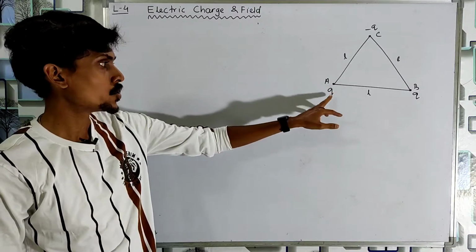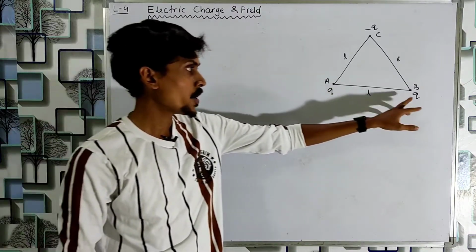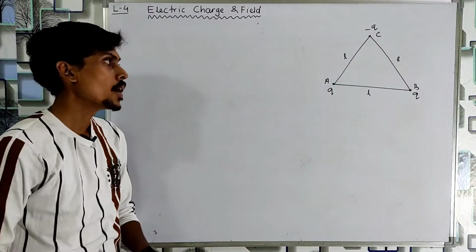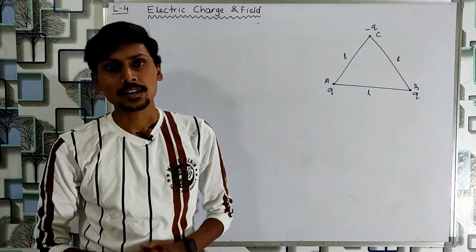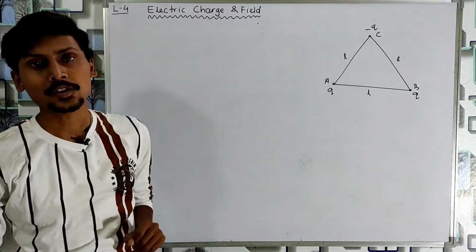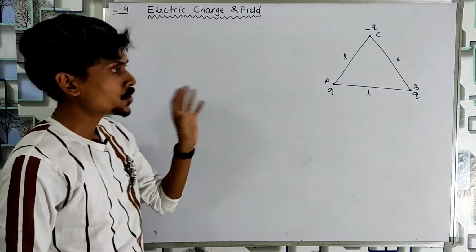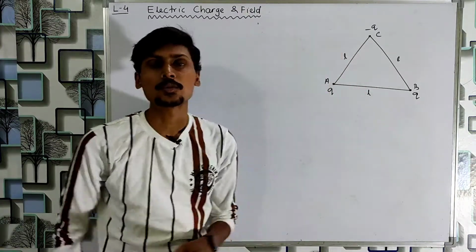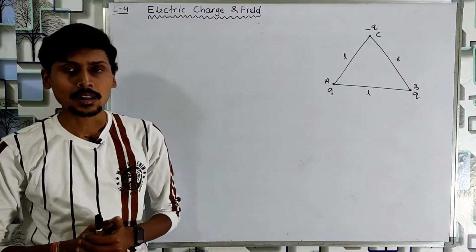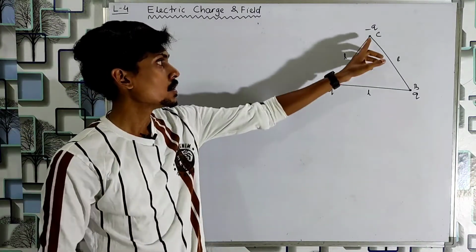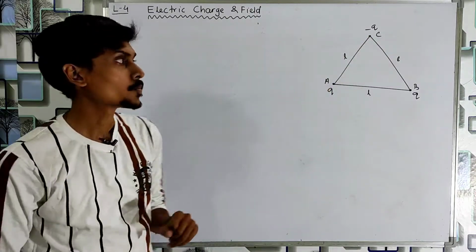At A we have a charge plus Q, at B we have a charge plus Q, at C we have a charge minus Q, and we have to calculate the resultant force acting on this negative charge minus Q. So in this system we have three charges, Q, Q and minus Q, and we are interested to calculate the resultant force or the total force acting on this charge minus Q.